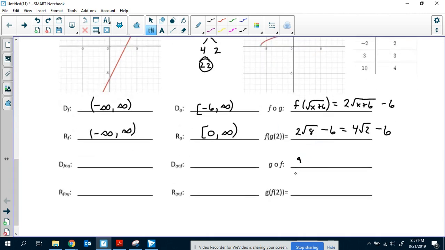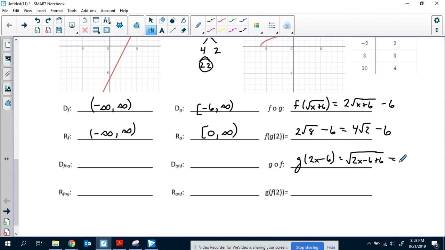G of f is the same thing as g of 2x minus 6. So I'm going to replace x in g with 2x minus 6. So this becomes the square root of 2x minus 6 plus 6. Notice that this right here, the 2x minus 6, was something that we just substituted in where x was.